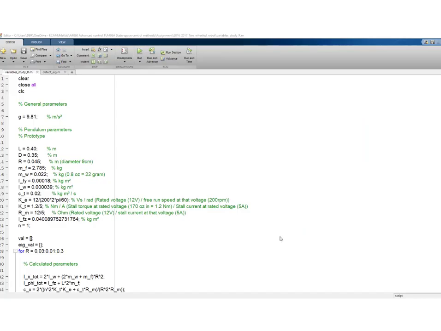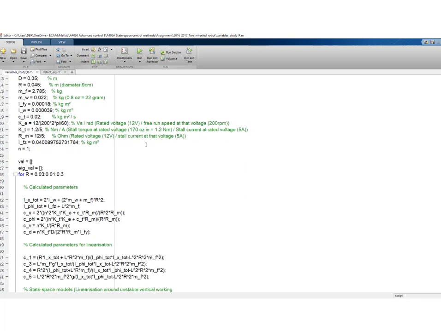Here is an example of such a mechanical system sizing in the case of the inverted pendulum on wheels, the two-wheeled robot, and this is really the one that has been constructed from scratch, not the Edumip robot. So you can see here all parameters from the prototype, right?